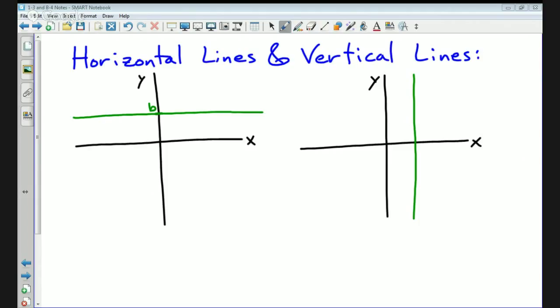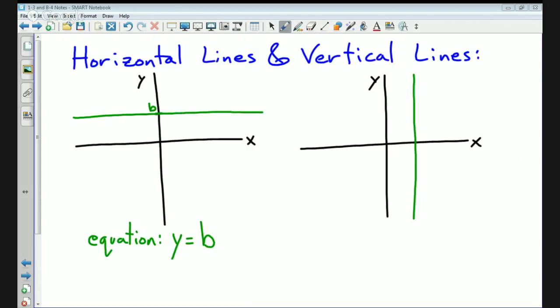You say, okay, well, y equals b. And you're done. Y is equal to 4, let's say. Well, everywhere along that horizontal line, y is equal to 4. Doesn't matter what your x is. X plays no role in the horizontal line equation.